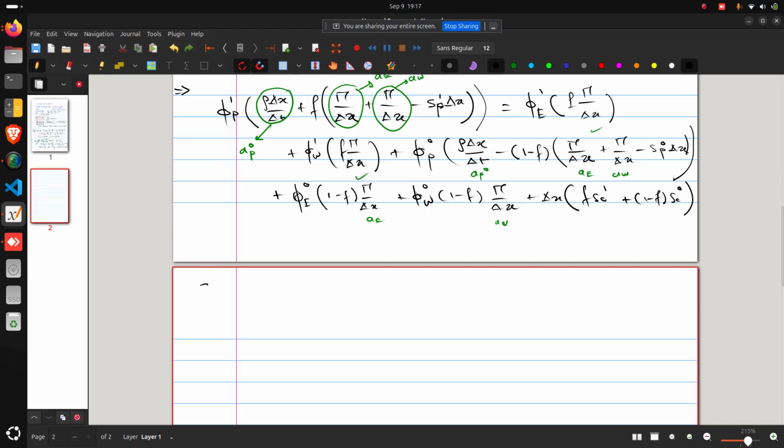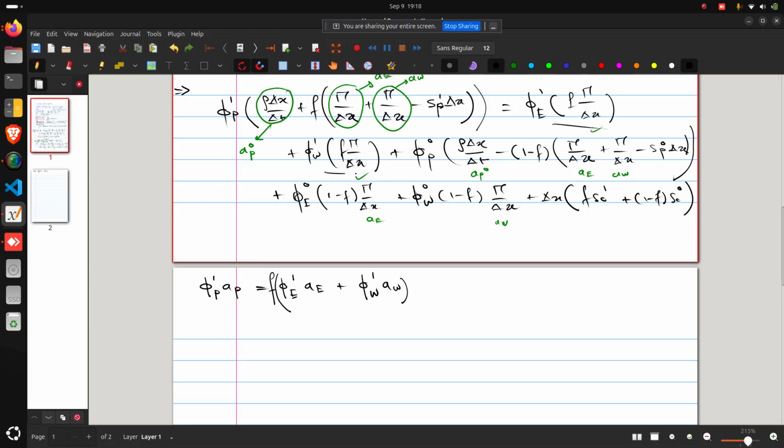So we have phi p1 ap equal to phi east 1. So let's just write it as f times phi east 1 a east plus phi west 1 a west, right?